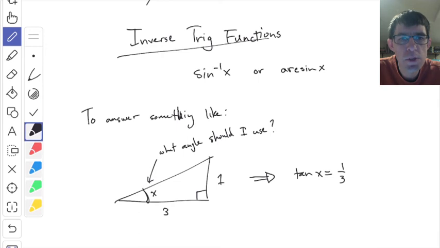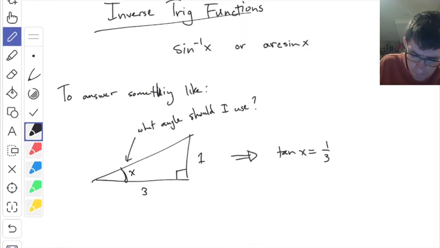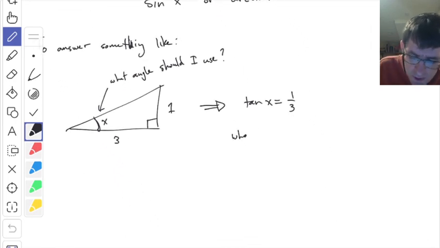Now there are some angles for which you might be able to just remember certain values, but actually none of the angles you're likely to remember, like on the unit circle, have a tangent equal to 1/3. So the question I'm asking is, what x has tan x equal to 1/3?